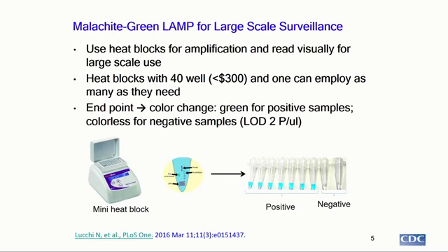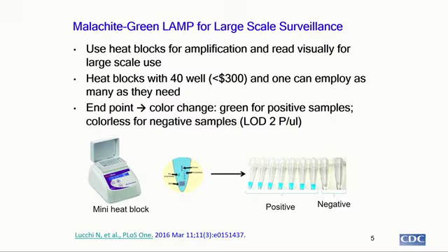The way this technology works is that in the LAMP reaction we incorporate a dye, malachite green. If there is a positive reaction, it will give a light blue color, and if it is negative, it will remain white, colorless.